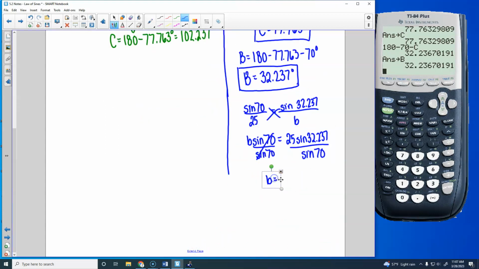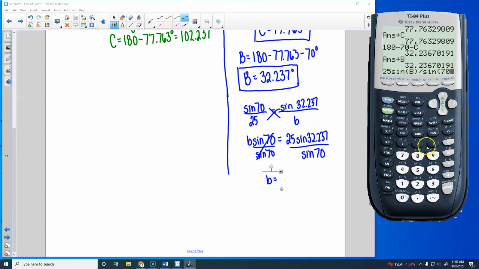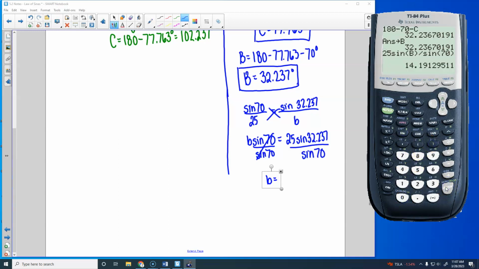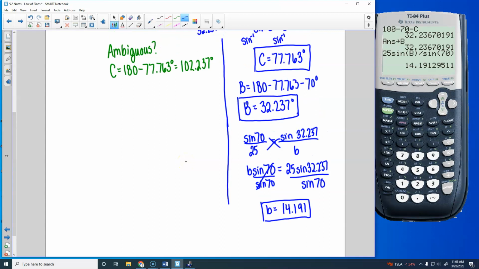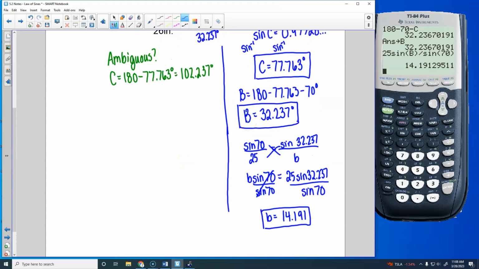So if we do that in our calculator, 25 sine of B, because I stored my value there, divided by sine 70 is going to give us 14.191. So this is a possible way that the triangle could be solved.